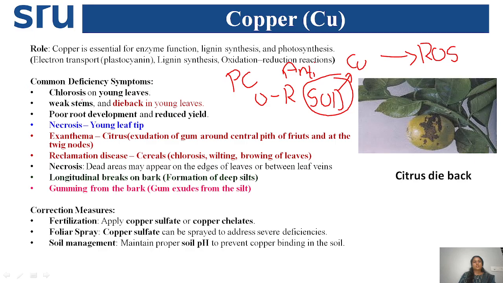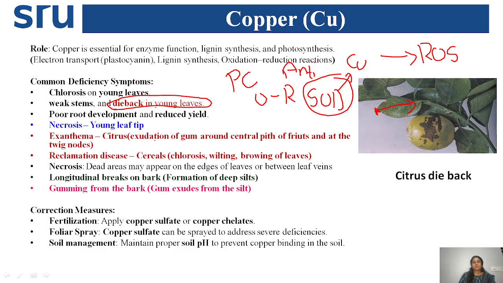Under copper deficiency, chlorosis appears on the younger leaves, as usual. A highly specific deficiency symptom of copper is dieback. Dieback means death of the leaves from tip downwards. We call it dieback of the leaves, and also poor root set. Necrosis is common for most nutrients.